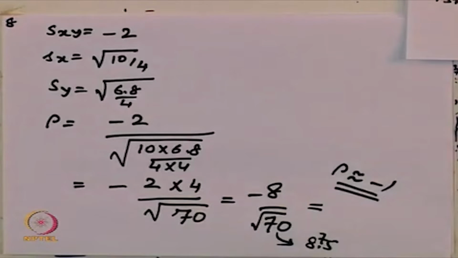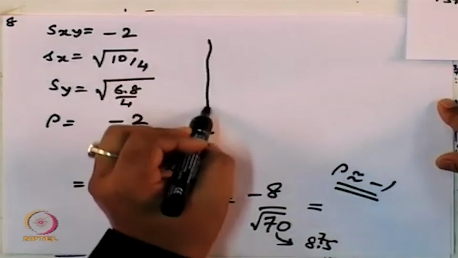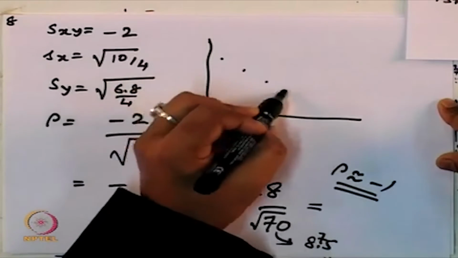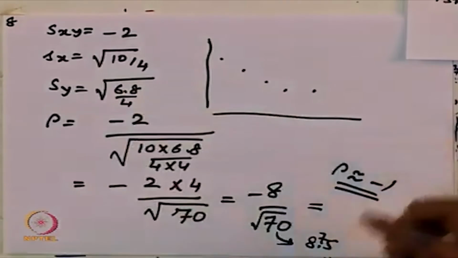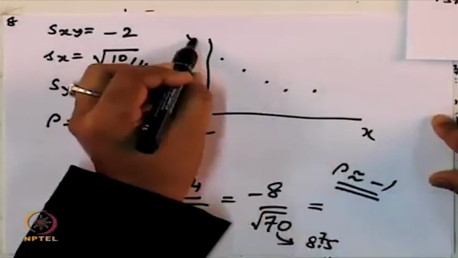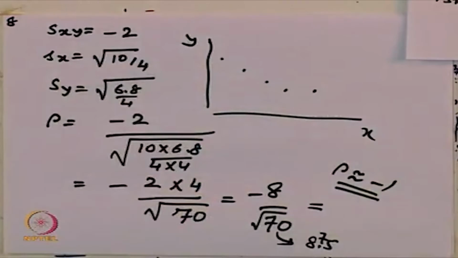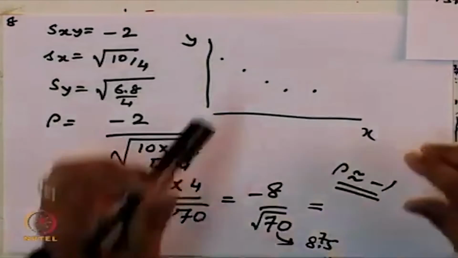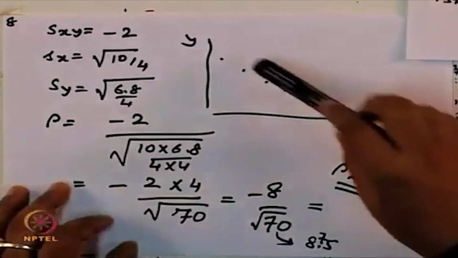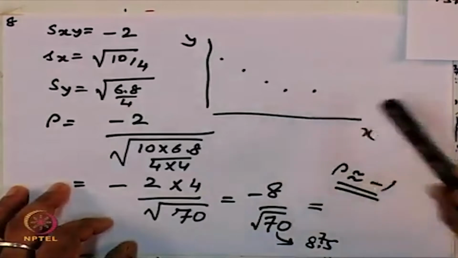Okay. And this is obvious from the data, because the data looked something like this. This is my x axis, this is my y axis. So, what you clearly see is this correlation coefficient is negative, that means that as you increase x, y decreases.